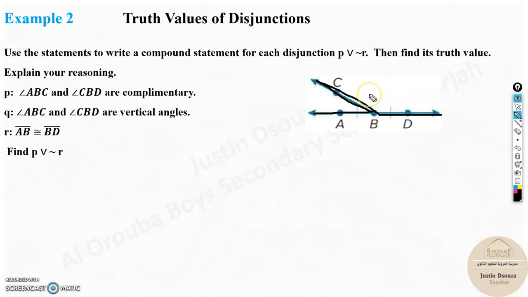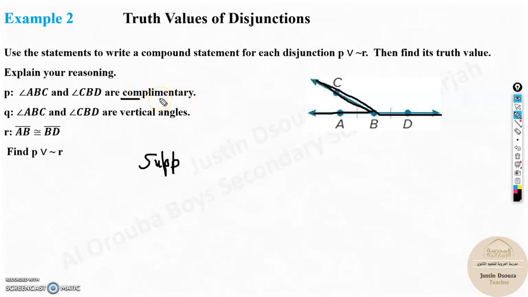Is it true? Many of us, even me personally, many times used to get confused with complementary and supplementary. So how do we break this confusion? I personally remember like this. A compliment is given like praise when you do something right, isn't it?